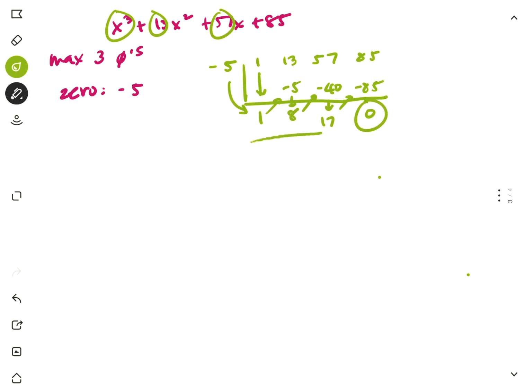Okay, so then for this part, remember that's our x squared, our x, and our constant. So we have x squared plus 8x plus 17.